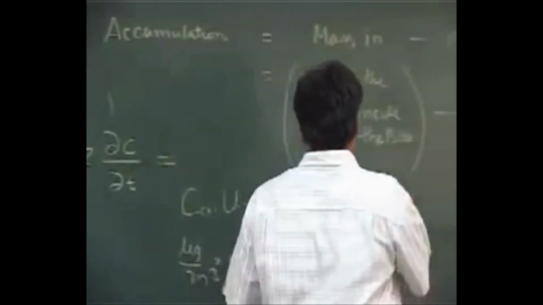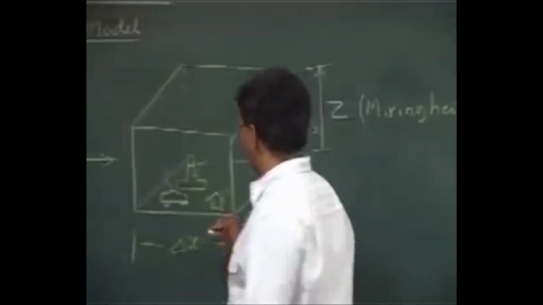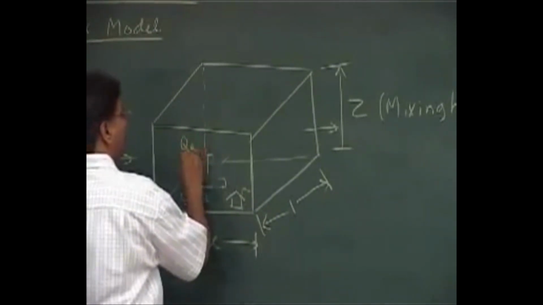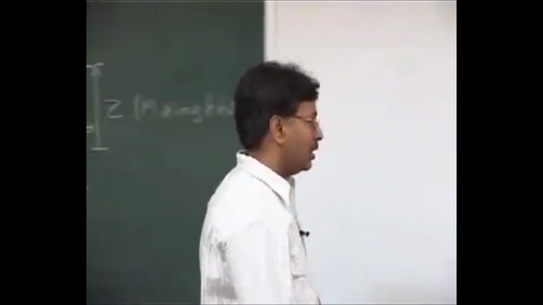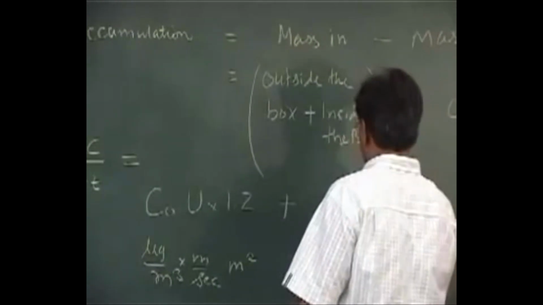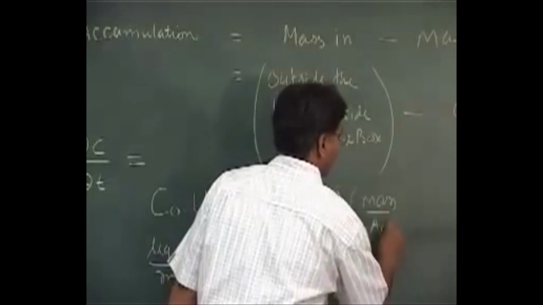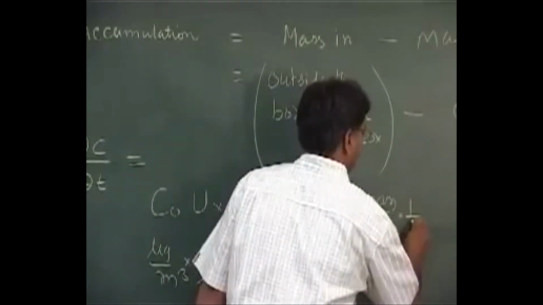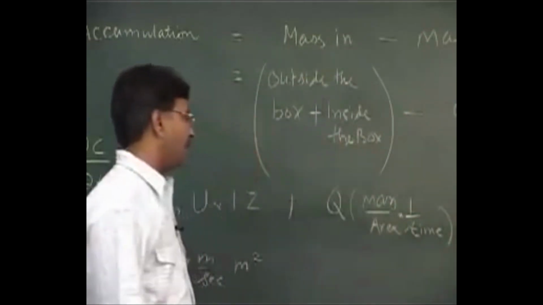Okay. From the box, suppose this emission rate, which I am calling QA, is mass per meter square, mass rate per meter square. So QA is mass per unit area per second, or time if you like. What do I multiply this with?